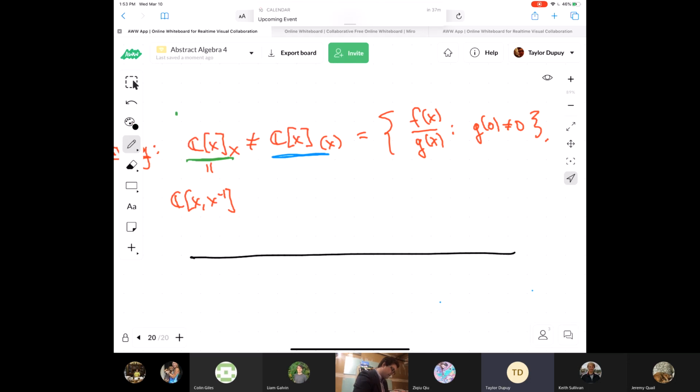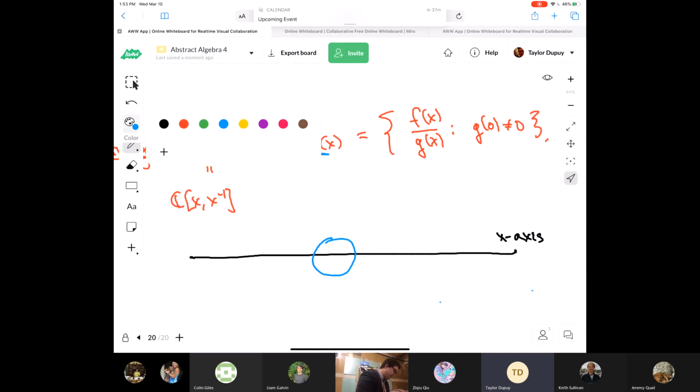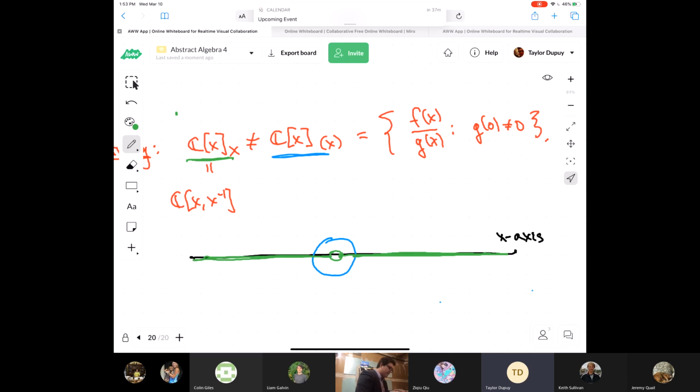Here's the line, this is the x-axis. The blue part is like a neighborhood around the origin. And then the green part is everything but this thing removed. So it's this. Right. All right.